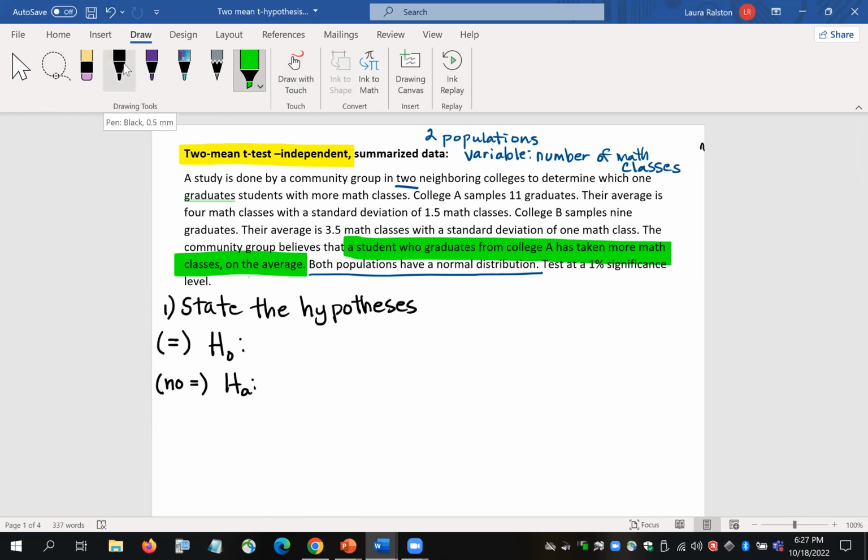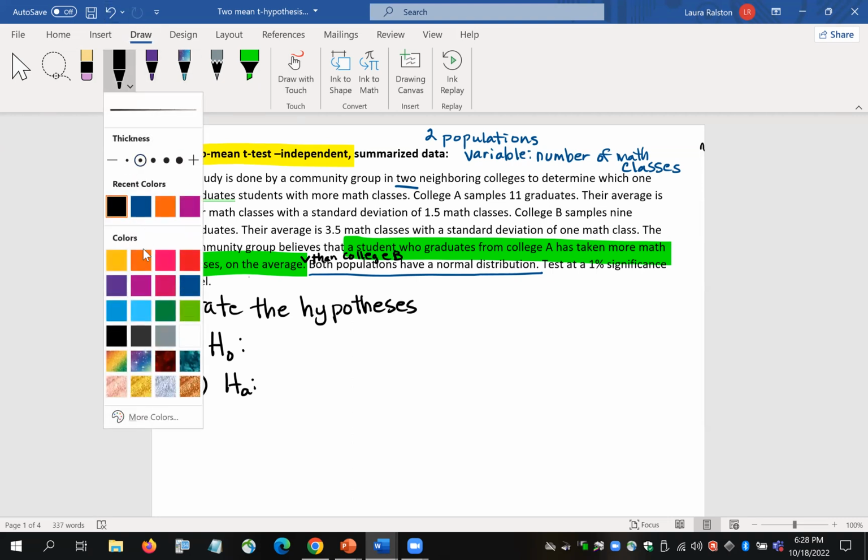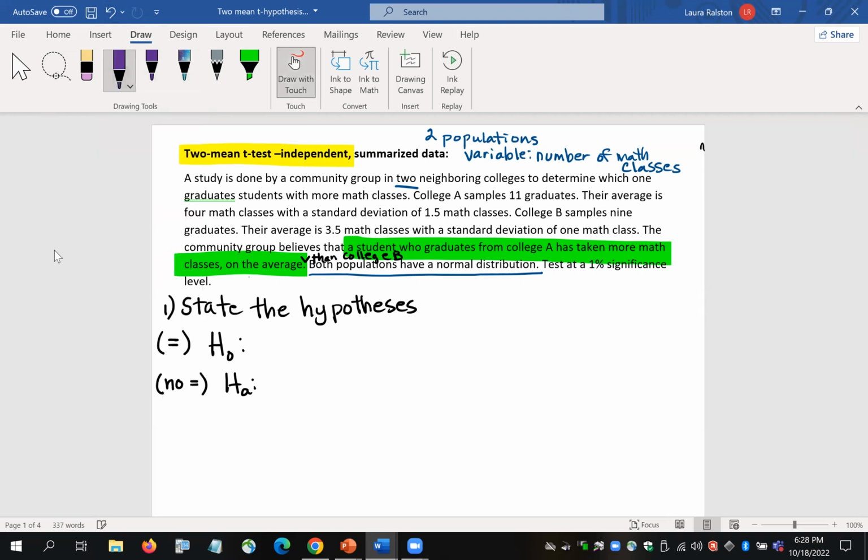So they're saying that, and it might help you to put it in here and say on average than college B. So we're comparing college A to college B, and it says that A has taken more. So I see that word more, which makes me think of the greater than symbol. Since I have the greater than symbol, that statement is my alternative hypothesis.